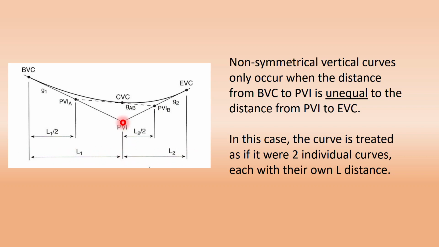So from the PVI to the beginning of vertical curve is treated as one symmetrical curve with its own L distance, and the PVI to the end of vertical curve is a different symmetrical curve with its own L distance. And that's really the only change here. Most of the math that goes into computing elevation of your stations along a vertical curve is the same.